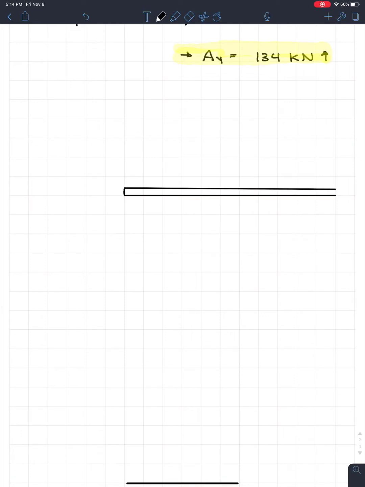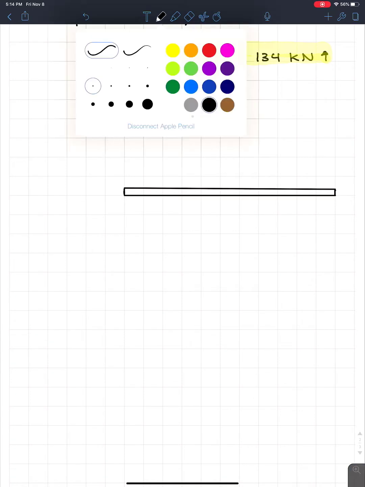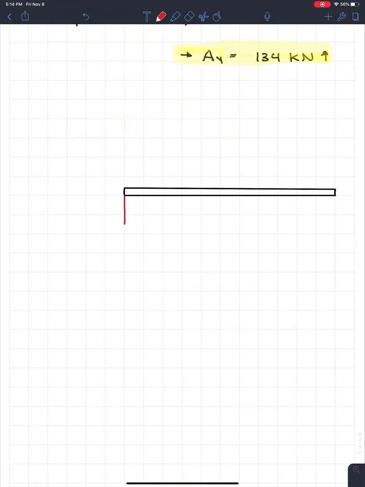So we're going to have a beam. If we're looking at the loads that we have on it, well, we know that AY is going to act right here, and we have BY acting over here. So our AY is 134 kilonewtons, and BY is 206 kilonewtons.